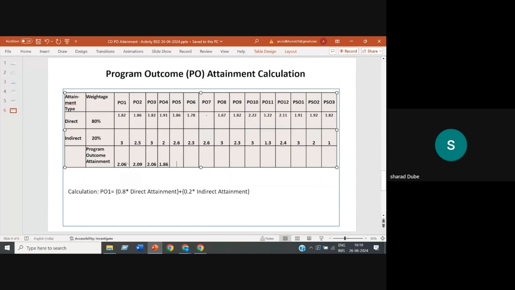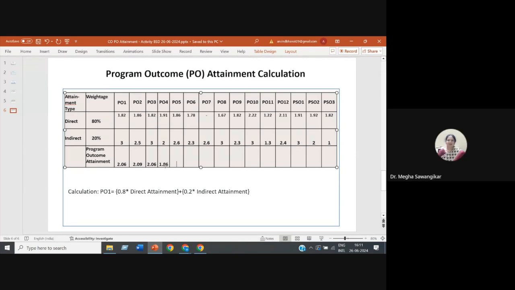Upper one is 2.5, na sir? What is your query? Indirect is 2.6 or 2.5? 2.6. Okay. Sir, for PO4 there is a correction. What should be its value?